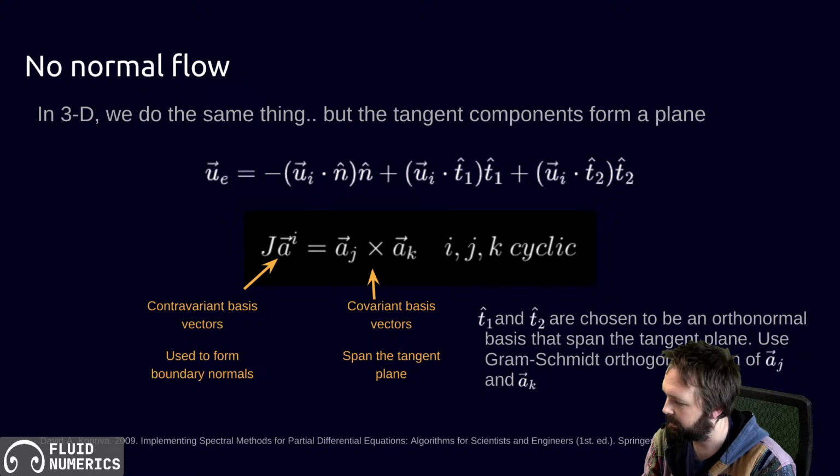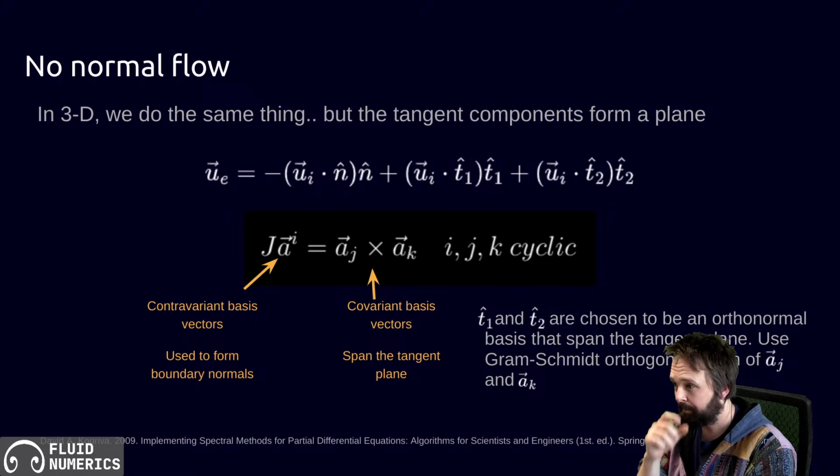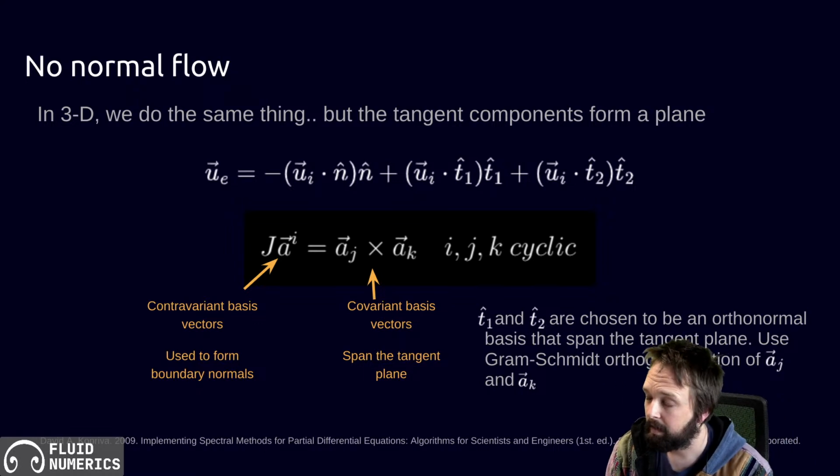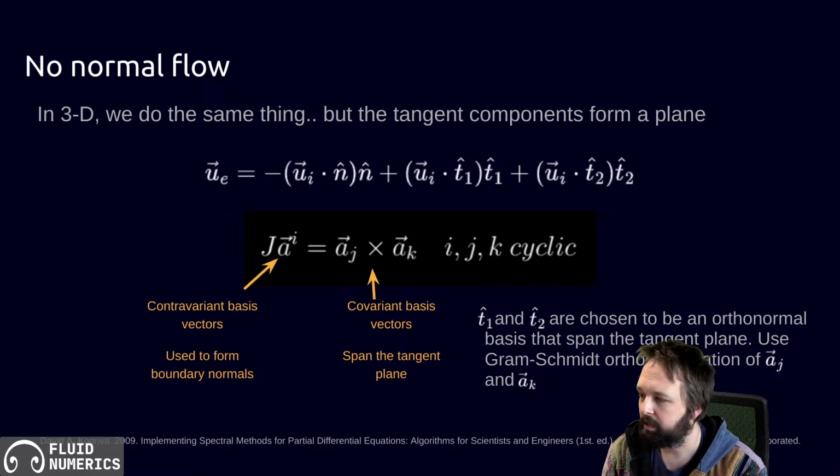I think it's this SEM hex class, and it only had the n hat vector for the boundary component. So we're adding two more dimensions onto n hat so that we can get the tangent and binormal vectors, t hat 1 and t hat 2, and those will be done just using standard Gram-Schmidt from the covariant basis vectors. So that's a little bit of differential geometry there today.